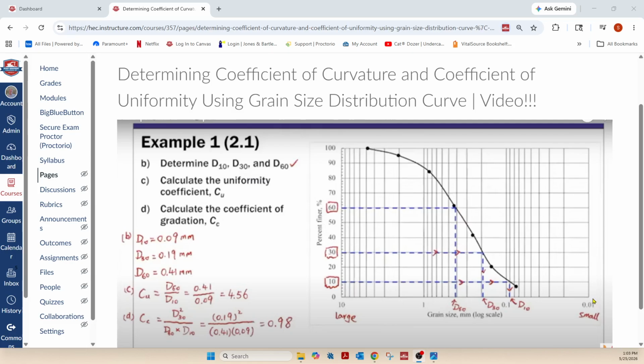Now look where it starts. It starts at 0.01. Now this is 0.02, 3, 4, 5, 6, 7, 8, 9, and 0.1. See, it was 0.01. Now we're 10 over here, so we're at 0.1.